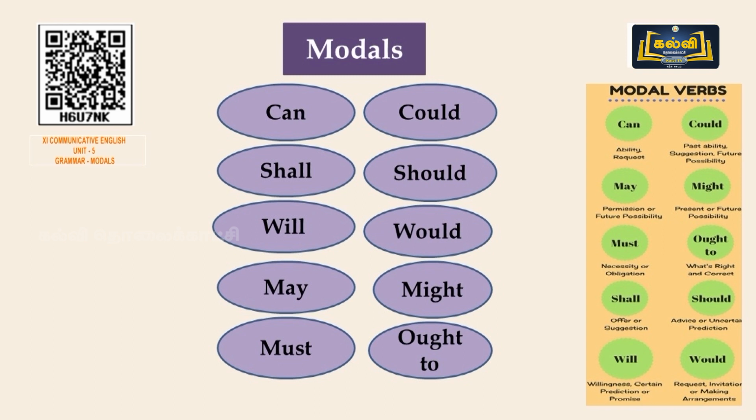Can, could, may, might, must, shall, should, will, would. And one more set of words: ought to, need to, dare to, used to. Those words are semi-modals, which we will learn later on, immediately after these modals.